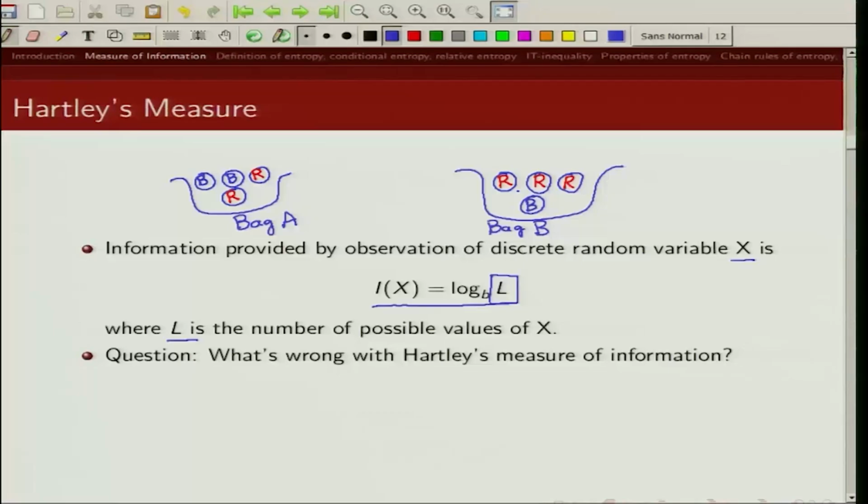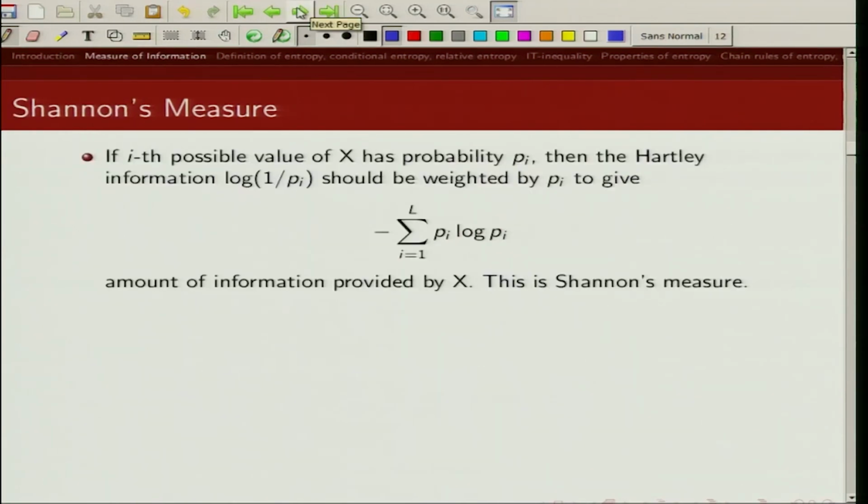So we can see that Hartley missed this crucial piece of information, which is how frequently these events are happening. So that was taken care of in Shannon's measure of information.